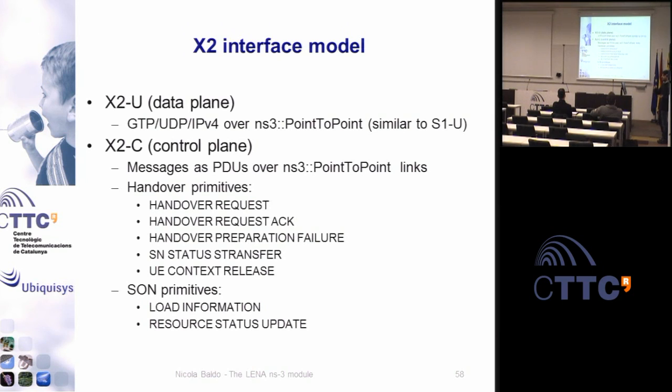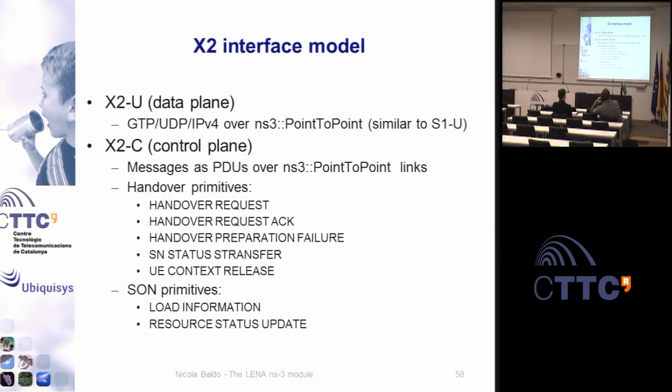And for the control part, in this case, we do have PDUs that implement the primitives as per the 3GPP specs, but there are two differences. One is that the encoding does not follow 3GPP specs. It's a kind of simplified encoding that we chose in order to have a simpler implementation.